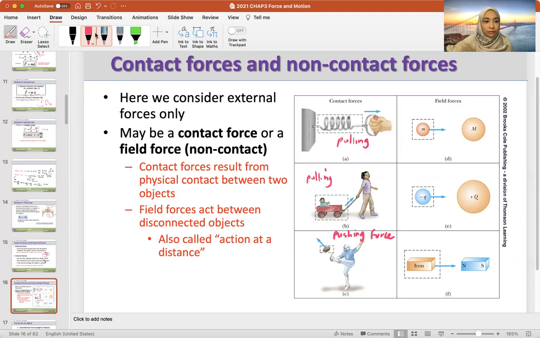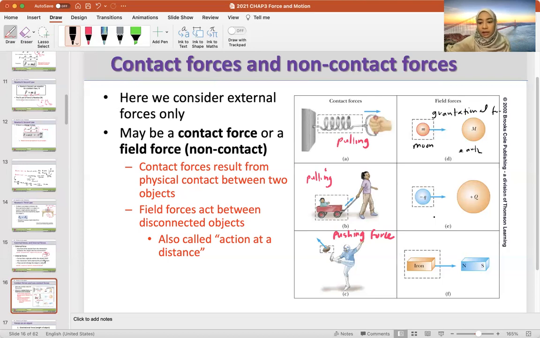So, and then we have field forces, which is a non-contact force. So this is gravitational force. This is apa? Moon and Earth, contoh, or any two planets lah. You have that gravitational pull. So it's a type of force that you don't have to touch for it to happen.